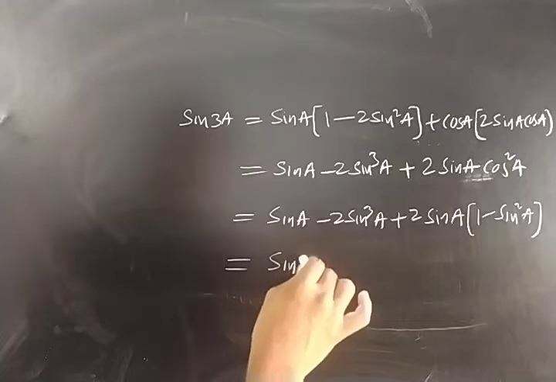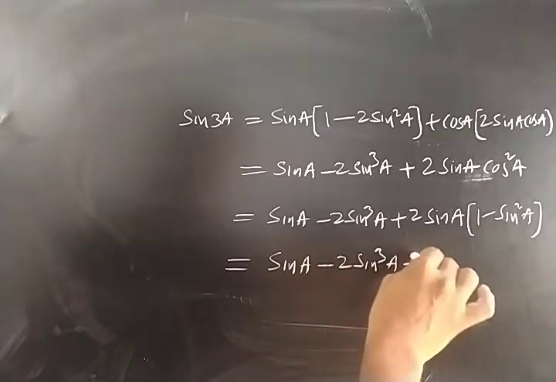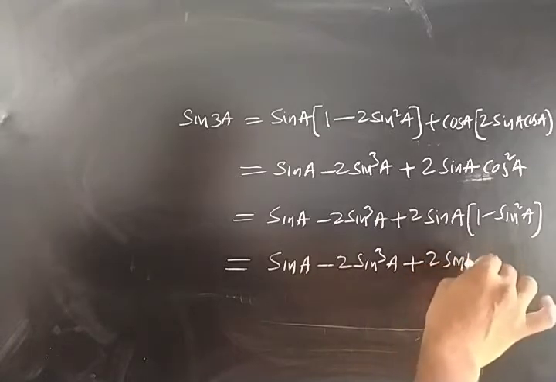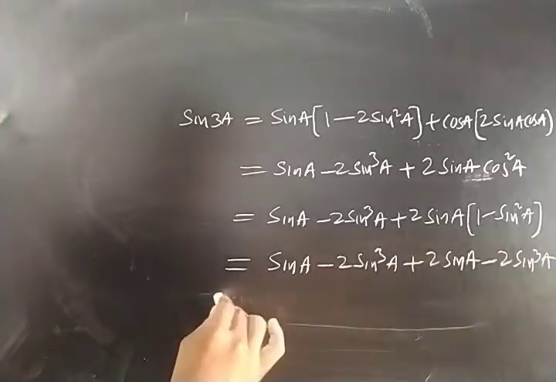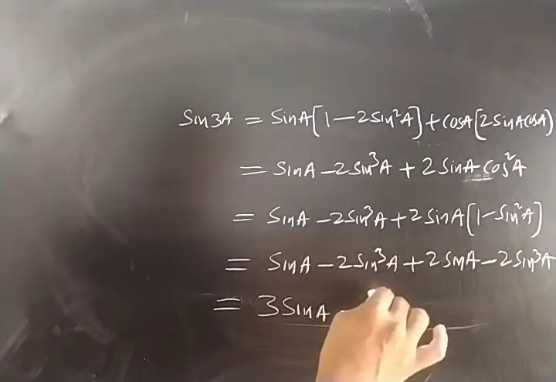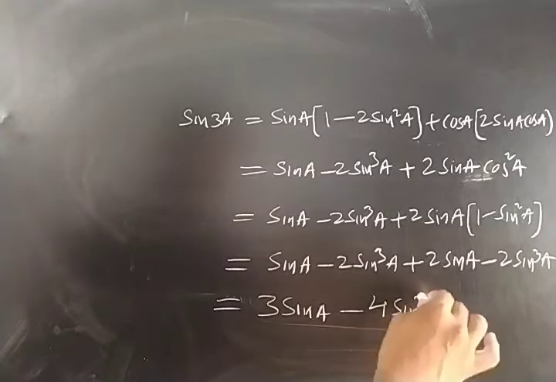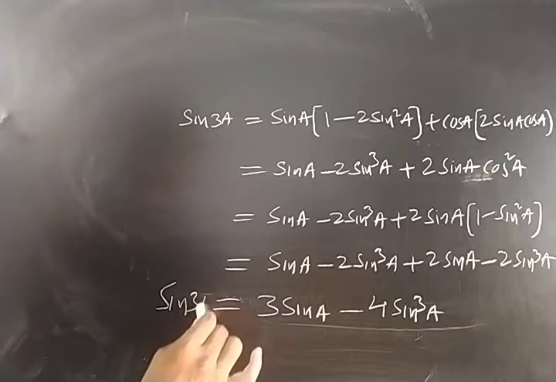That gives sin a minus 2 sin cube a plus 2 sin a minus 2 sin cube a. So sin a plus 2 sin a, 3 sin a, minus 4 sin cube a. So this is the triple angle identity sin 3a formula.